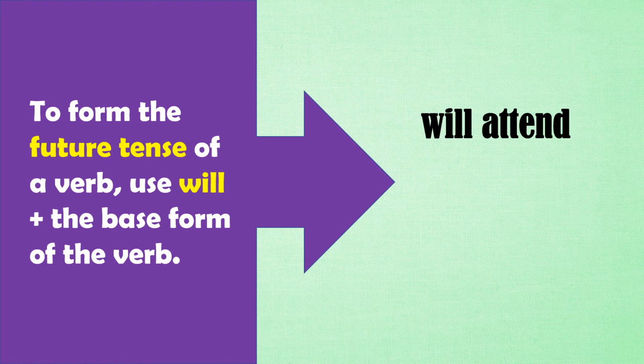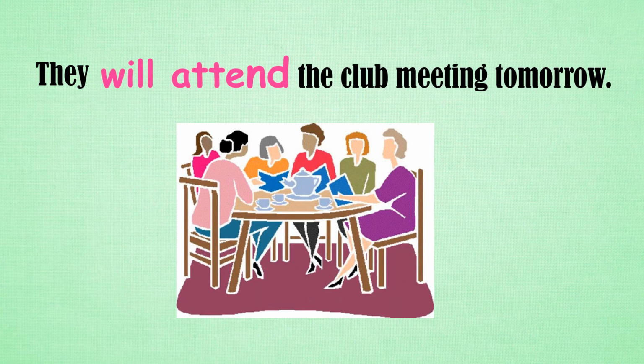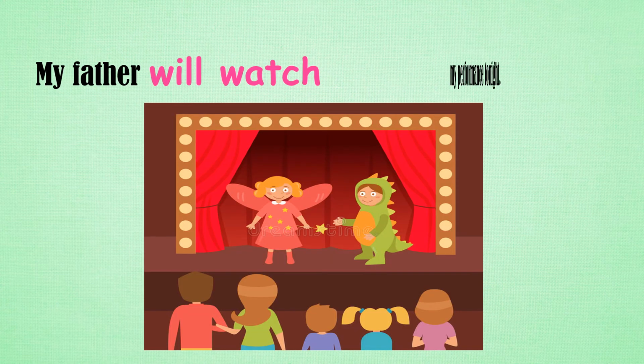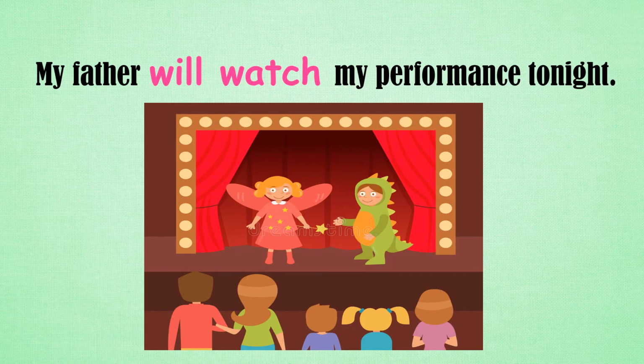Examples: will attend, will watch. They will attend the club meeting tomorrow. My father will watch my performance tonight. These examples show that the action will happen in the future.